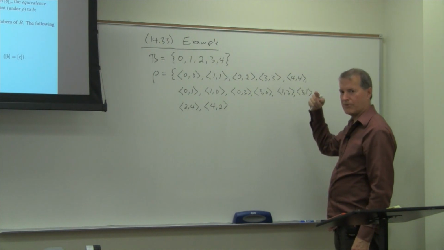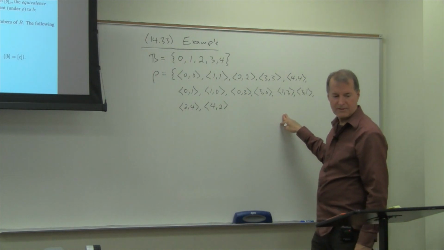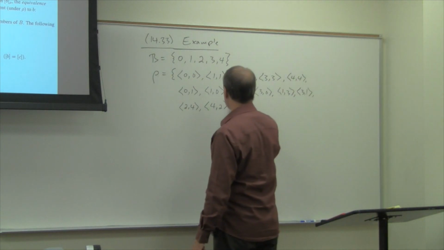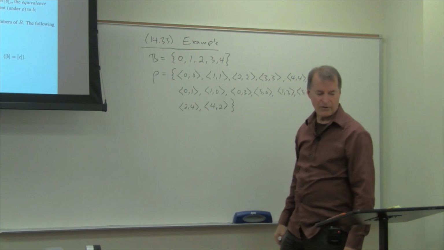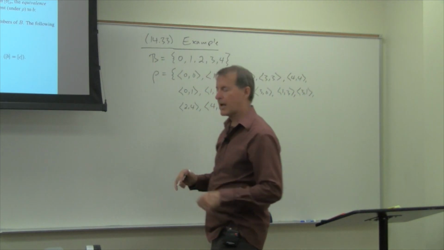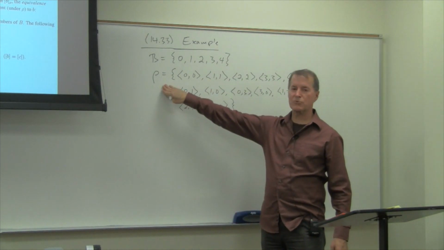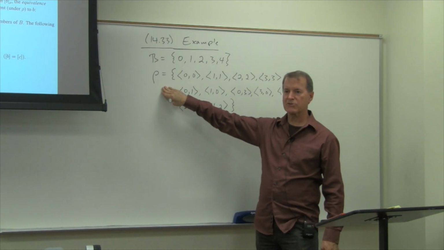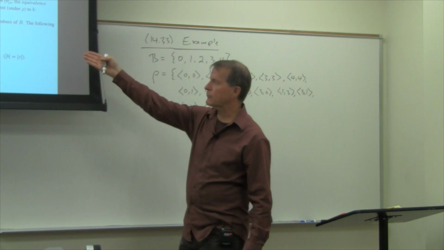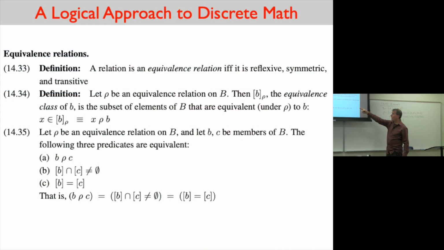Can you sort of run through the ones there? All right. So I'm saying this is rho. Do you agree that this rho is an equivalence relation? It is an equivalence relation, right? Now let's go to the definition. What are the elements that are in equivalence class 0?